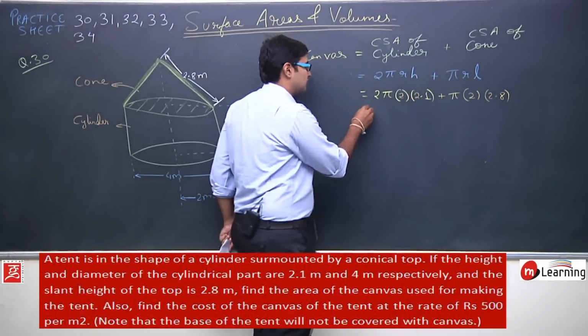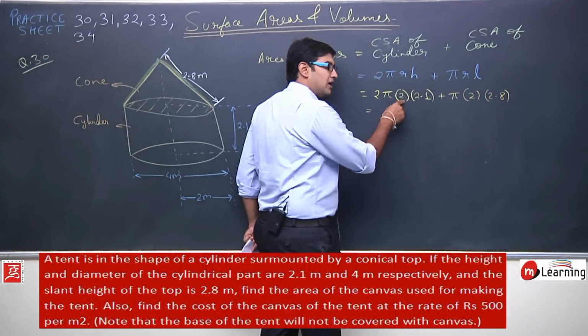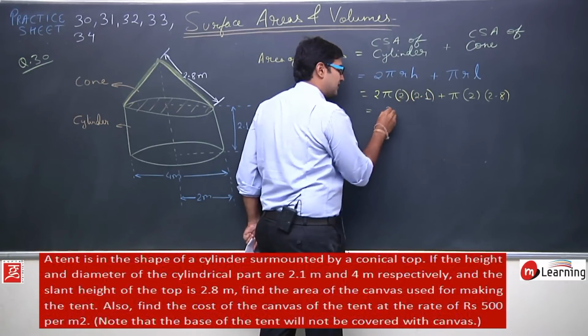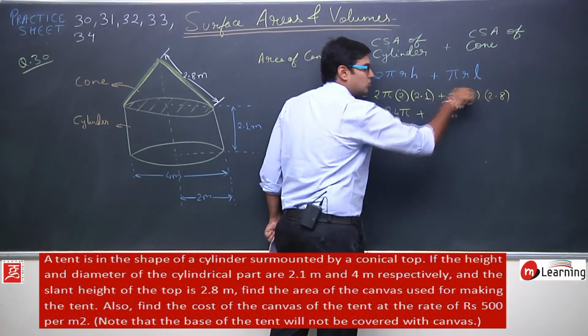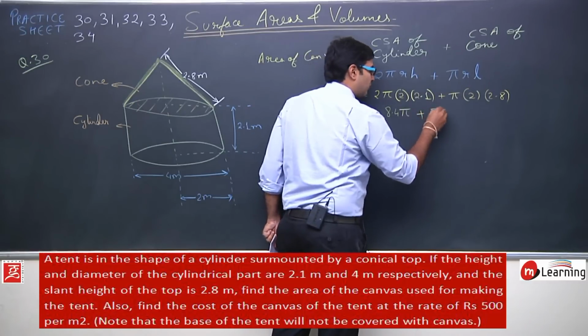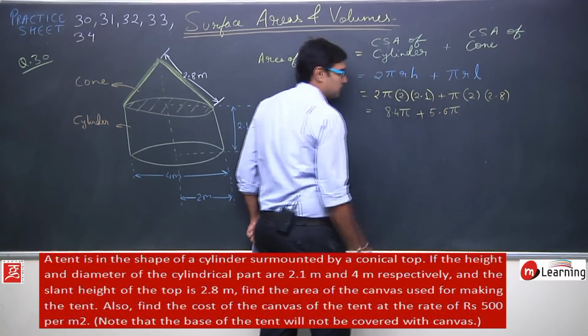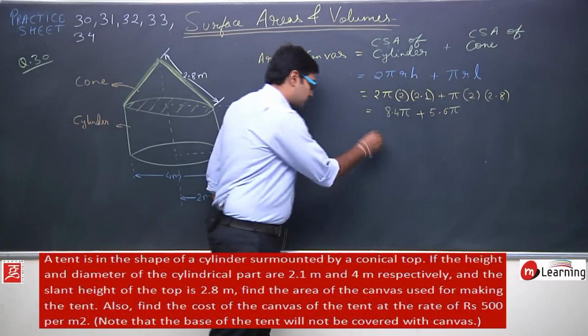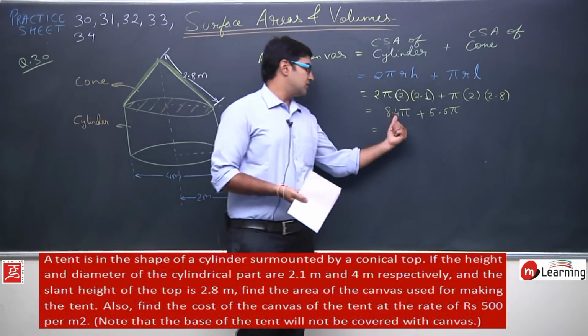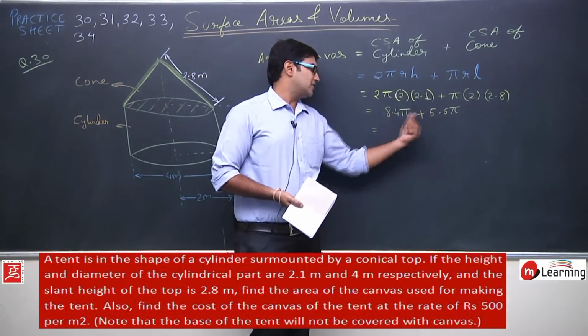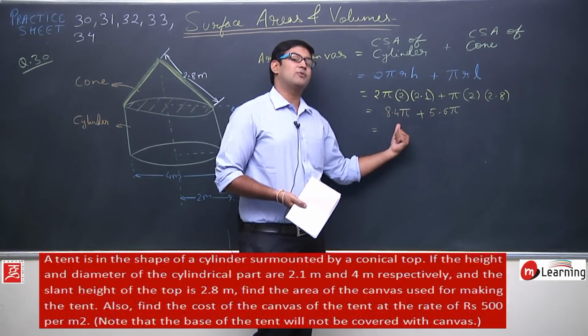Okay, so let us solve this. 2 2s are 4 and 4 into 2.1 is 8.4 pi, plus this will be 2 into 2.8, that will give you 5.6 pi, okay. So I will calculate the area in terms of pi only. How? This is 8.4, add 0.6 from this 5.6 to this 8.4.